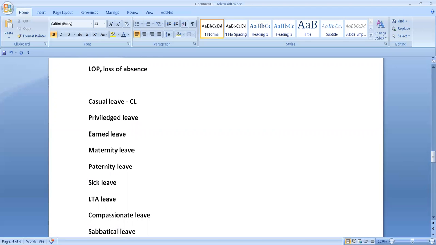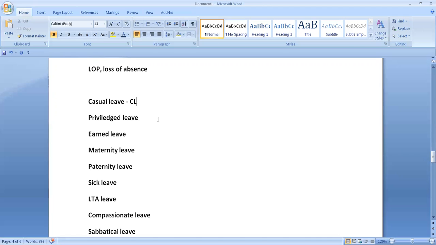So it may be different from one state to another, for example from Karnataka to any other state. The employee need not show any reason for casual leave. Usually they maintain some 7 days maximum at a stretch.